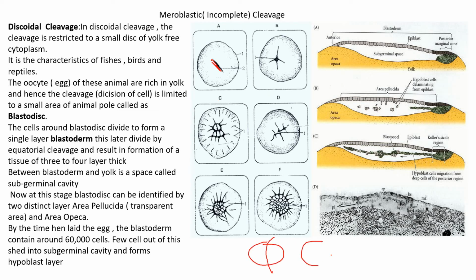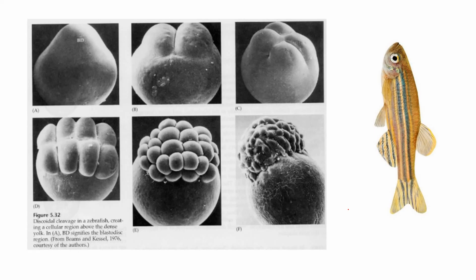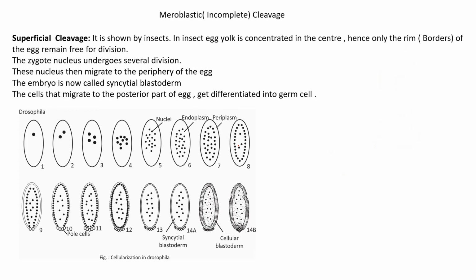Because of the presence of yolk, the egg divides only partially, or half portion of the egg is divided. It is usually shown by zebrafish, and by organisms like reptiles and birds and fishes, particularly in the pisces, this kind of division is seen.